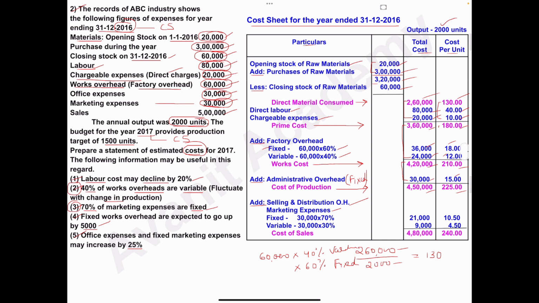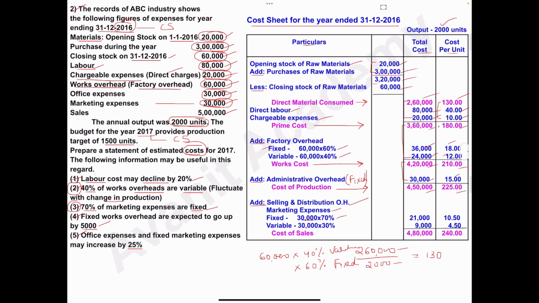So the marketing expenses amount is 30,000. Take 70% as fixed marketing expenses, and the remaining 30%, 30,000 into 30%, as variable marketing expenses. So right here, fixed marketing expenses amount is 30,000 into 70%.